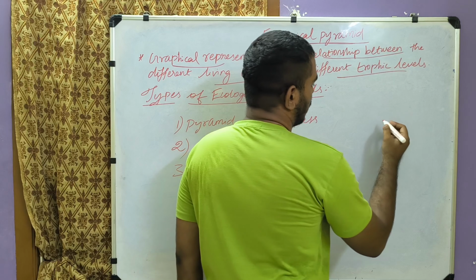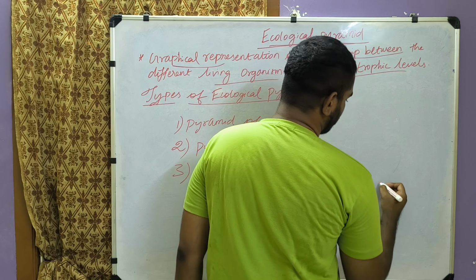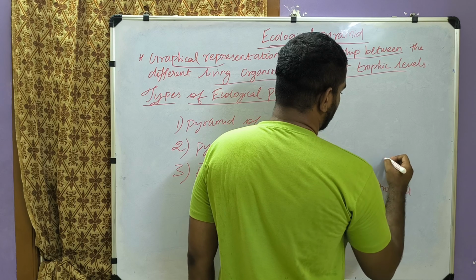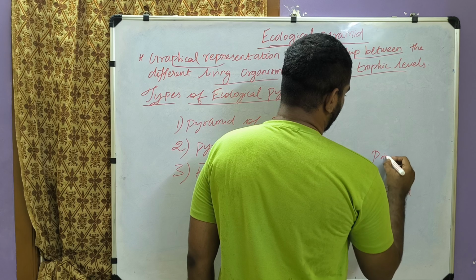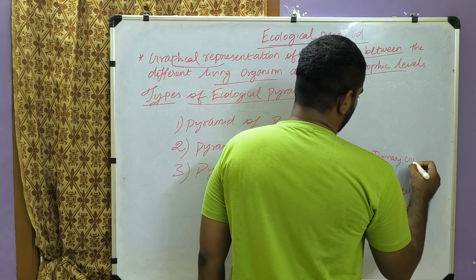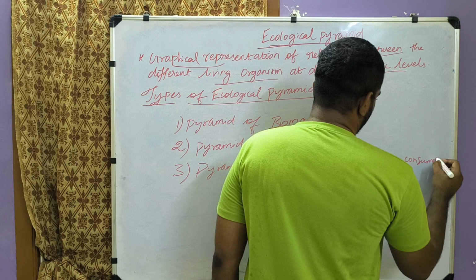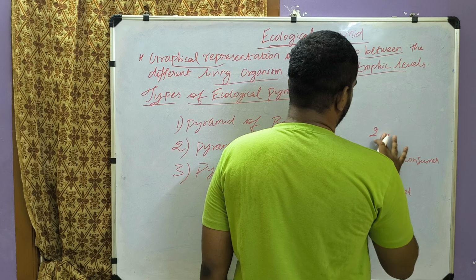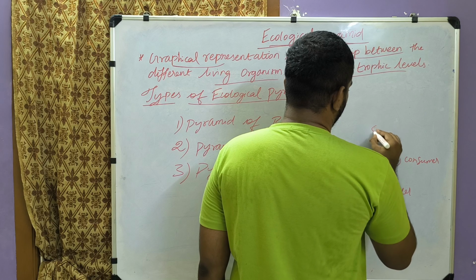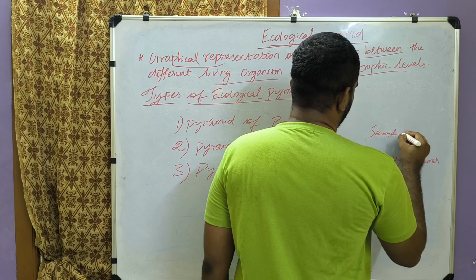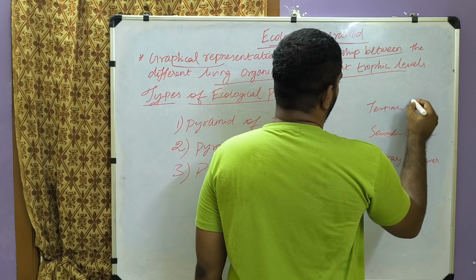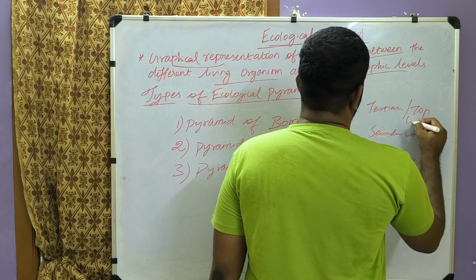The trophic levels are: producer, primary consumer, secondary consumer, and tertiary or top consumer.